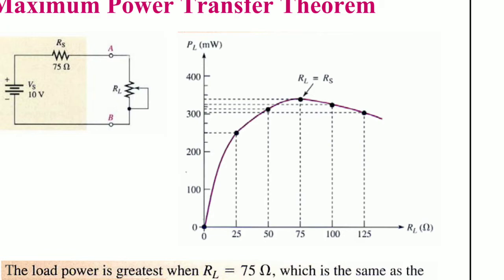At 50 ohms load resistance, the power is more than 300. At 75 ohms, power is maximum.